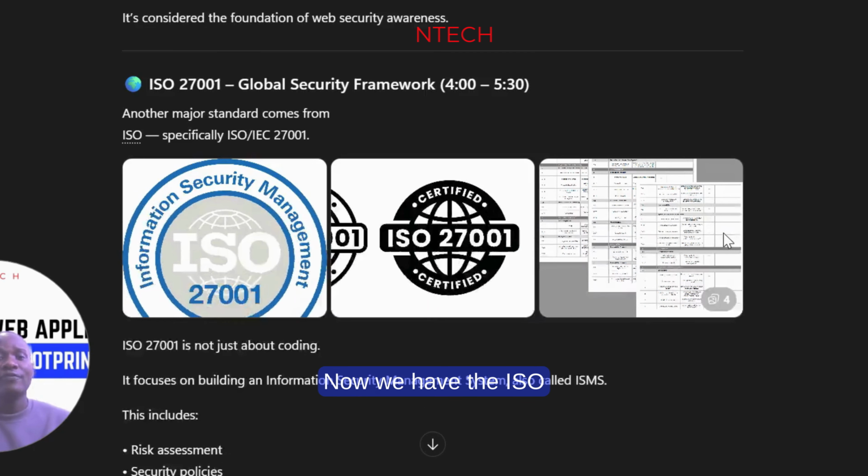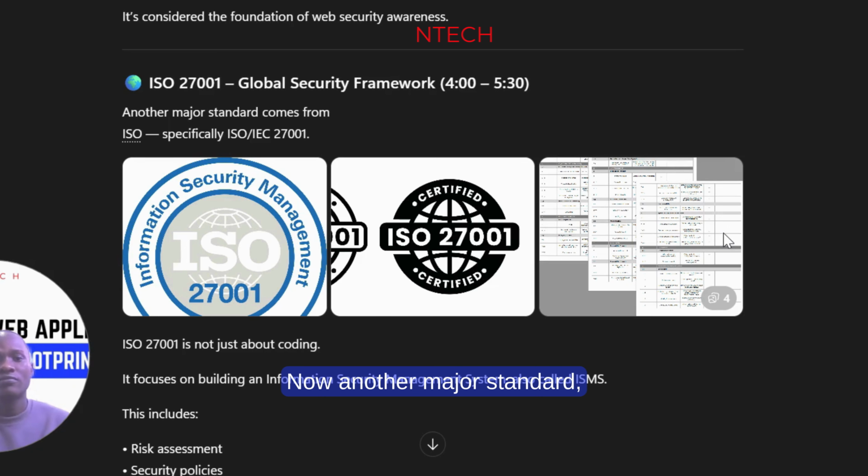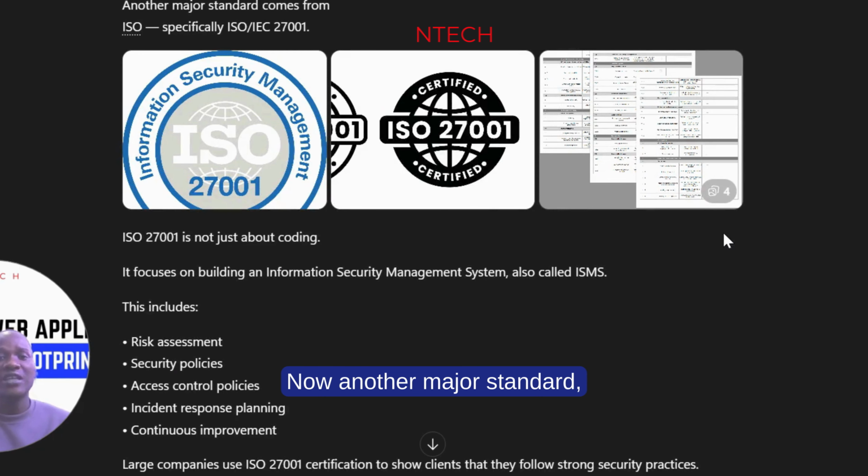Now, we have ISO 27001. It's a global security framework, another major standard that comes from the ISO. ISO 27001 is not just about coding. It focuses on building an information security management system, also called an ISMS.